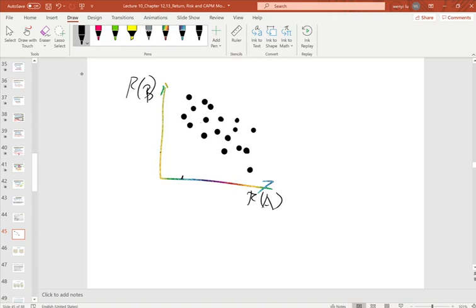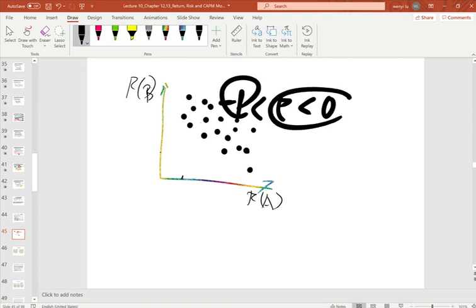But it's not perfect, so rho will still be less than 0, but more than -1. They are not perfect, but still negatively correlated. So that's what the correlation tells us, based on the number you measured.